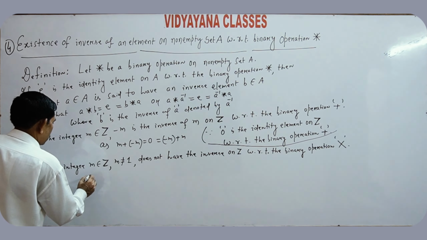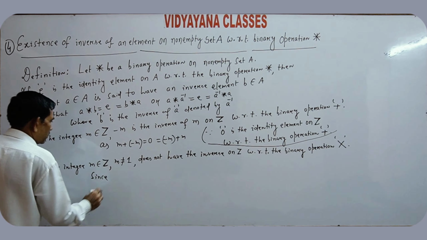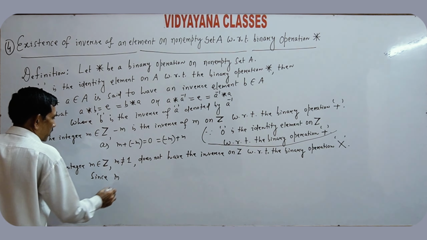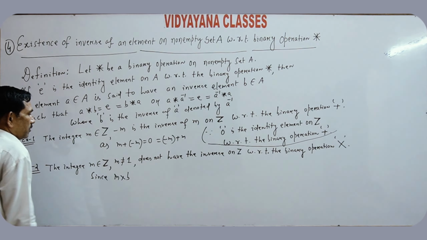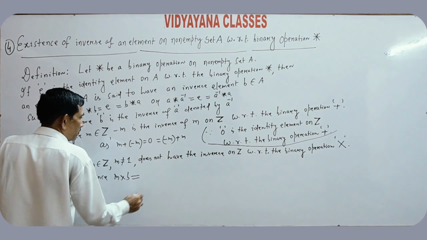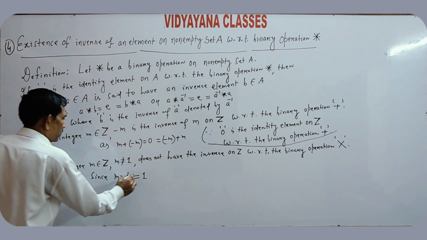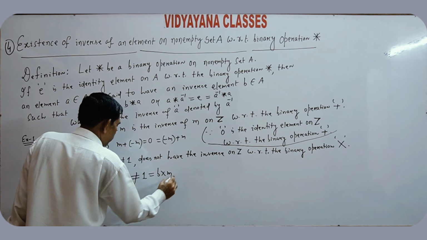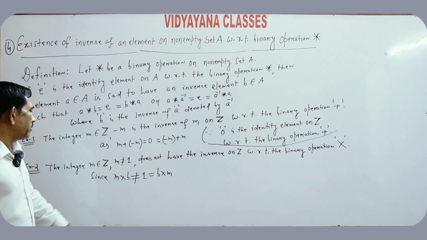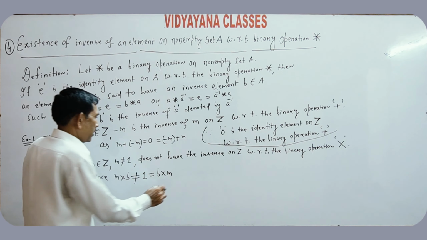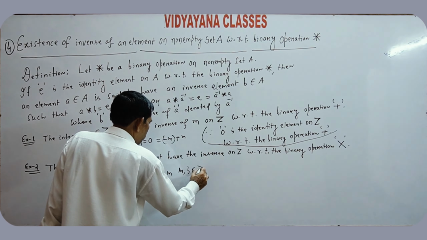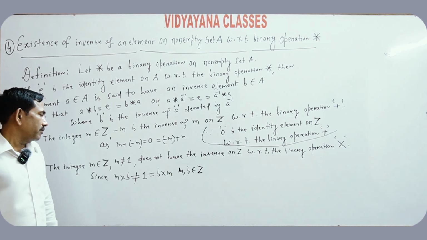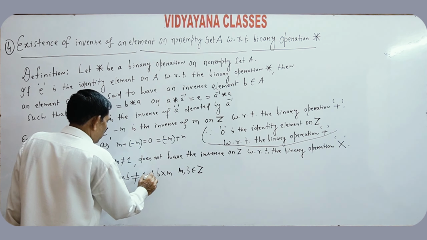Since m into b is not equal to 1, which is equal to b into m. Here a is given by m and b the inverse of m, m, b belongs to Z. m into b not equal to 1 and b into m not equal to 1.